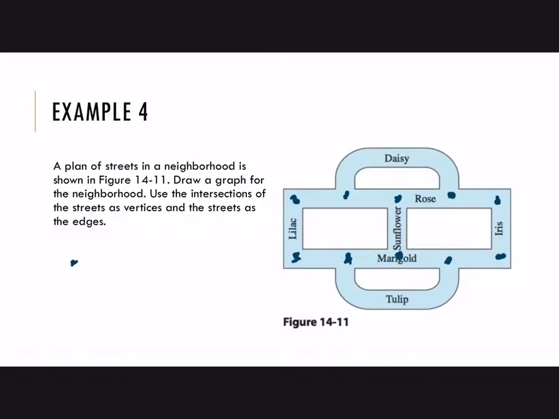Okay, so I end up with all of these vertices. Alright, and then the streets are the edges, so I'm just going to draw in all of those connections. Okay, and there's my other 2 streets.